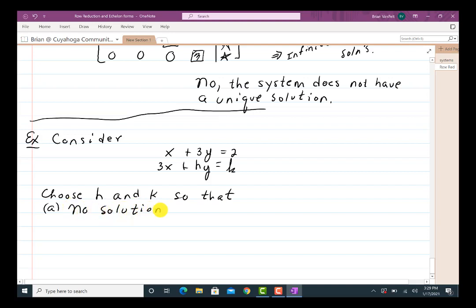There's three parts to this actually. B, a unique solution. And C, more than one solution. Of course, in my experience, more than one solution means it's going to be infinite. So these are three parts.